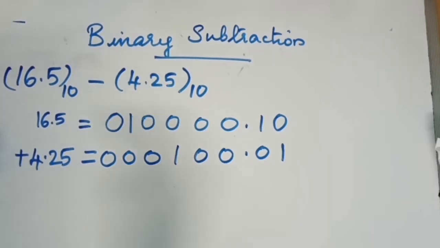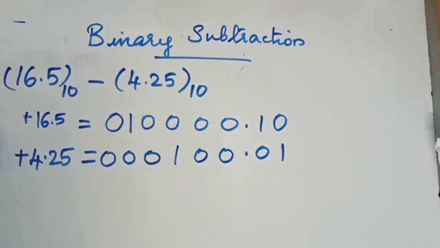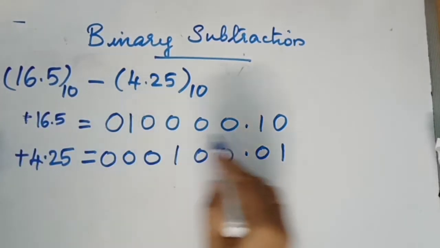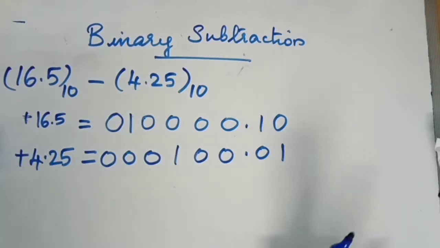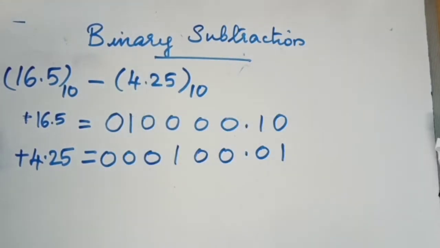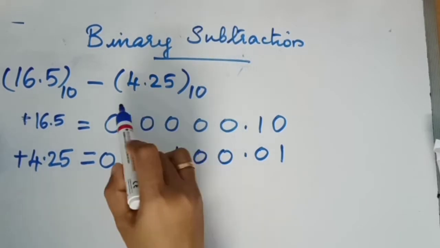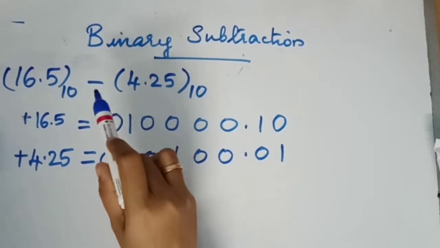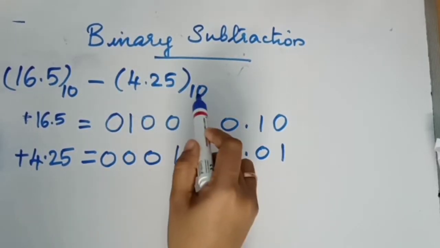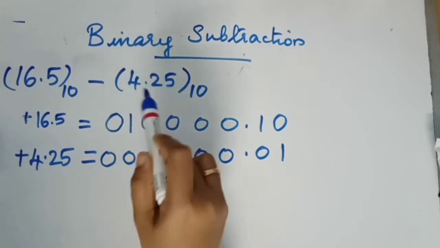Now what we know is these two are positive numbers, and we've just written the binary of these two positive numbers. Now the question is 16.5, which is this itself, minus 4.25. So what do we need? We need the 2's complement of minus 4.25, the binary equivalent of minus 4.25.